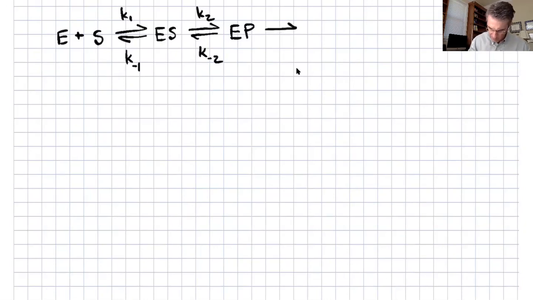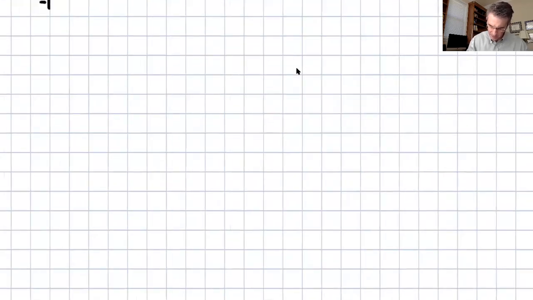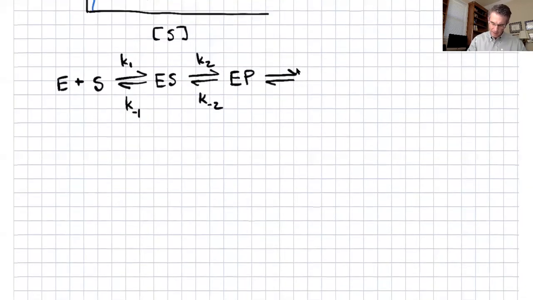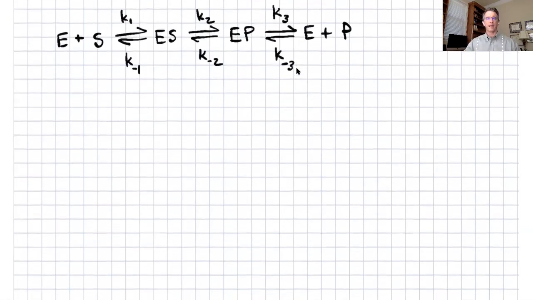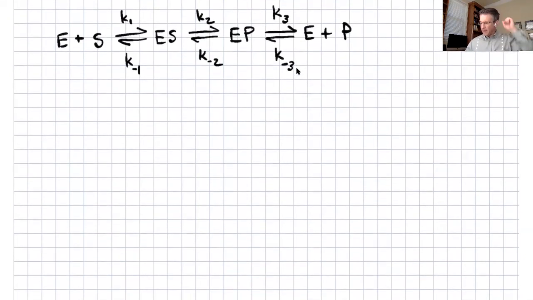So now the enzyme has to let go to give us enzyme plus product, and we can have a couple of rate constants here: a unimolecular dissociation rate constant for the release of product, and then a bimolecular binding rate constant for rebinding of the product to the enzyme. All right.